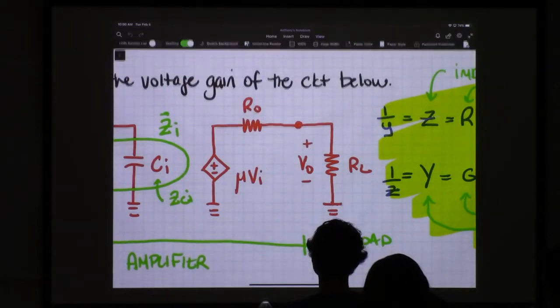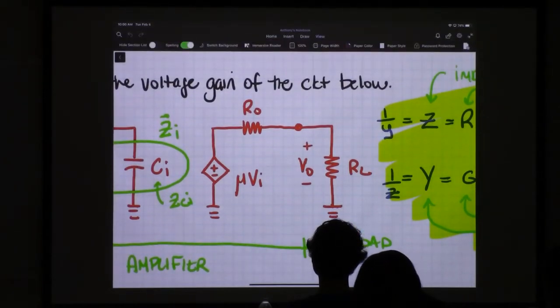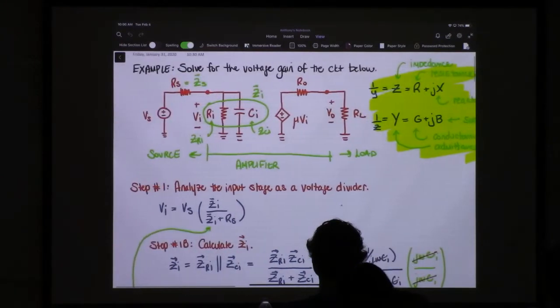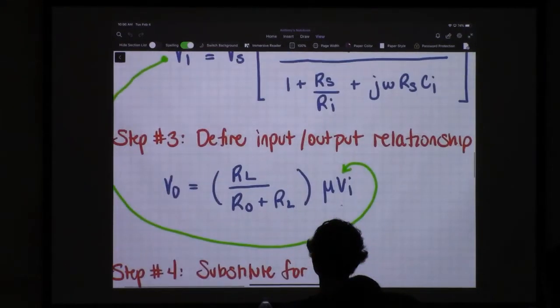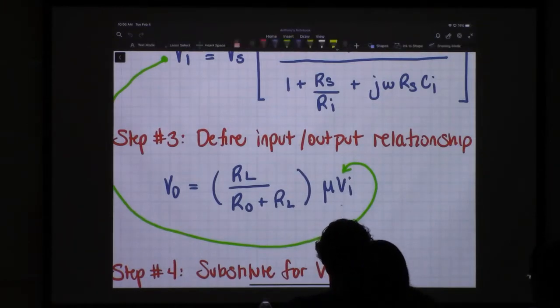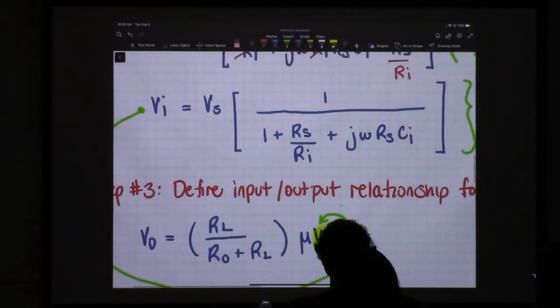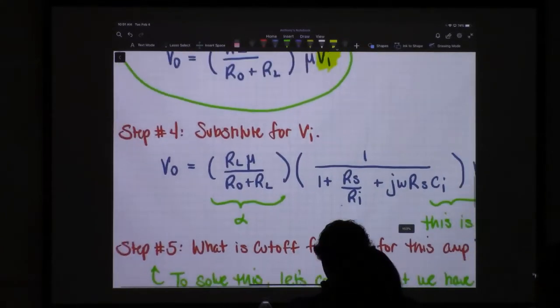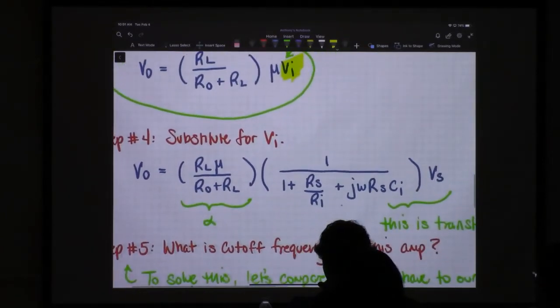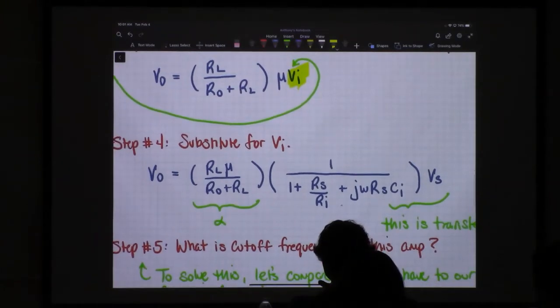Where it gets more messy, okay, so that's this right here. But then what we can do in order to get the full transfer function is to substitute in for our VI, which is right here. So we plug that in, and now we end up with the larger expression that's shown right here.